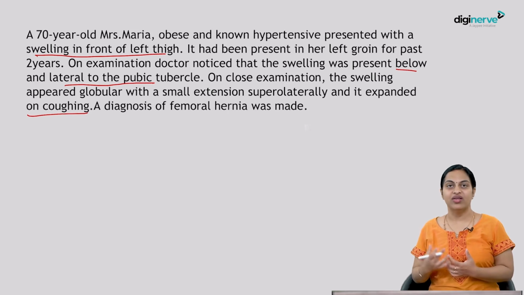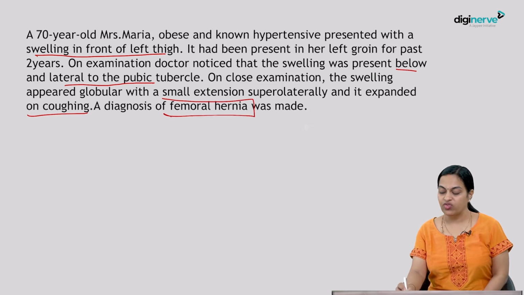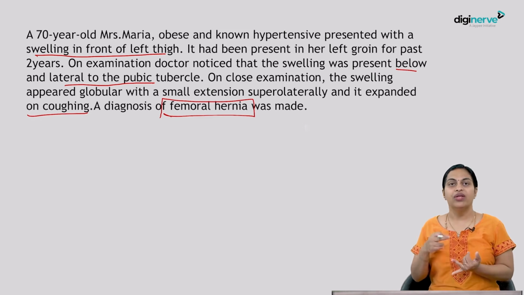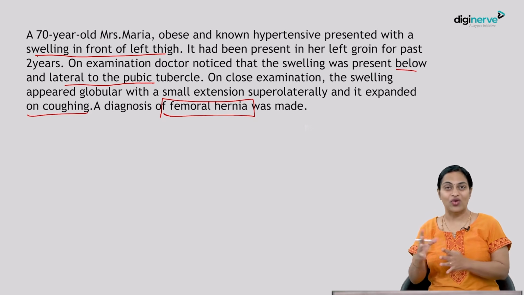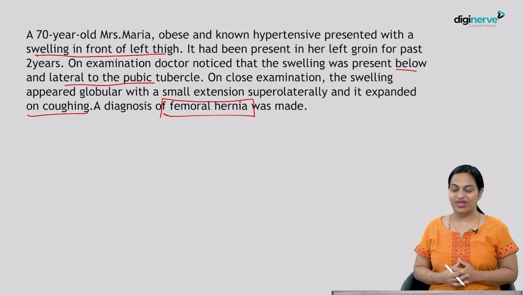The increase in intra-abdominal pressure during coughing causes that expansile impulse. A diagnosis of femoral hernia was made. A swelling in front of the thigh, below the inguinal ligament, below and lateral to the pubic tubercle, present over 2 years, with a positive cough impulse, is all suggestive of femoral hernia.